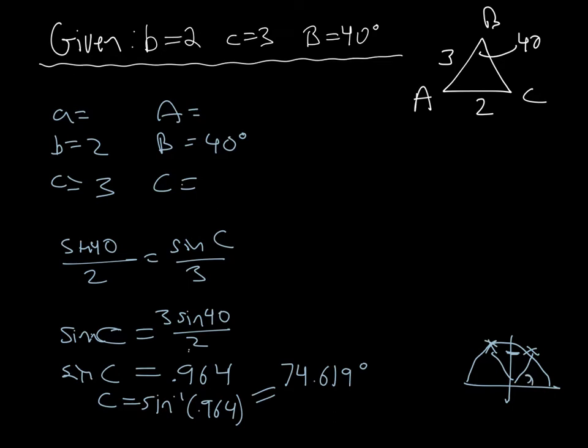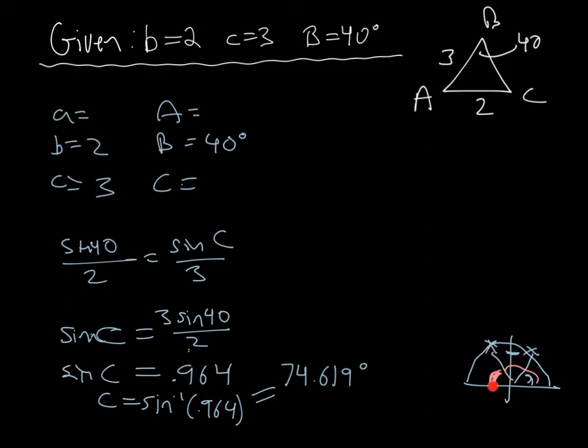So if I want to find the second quadrant angle, that's going to be 180 minus 74.619, because the angle between the negative x-axis and my second quadrant version is going to be the same 74 degrees.